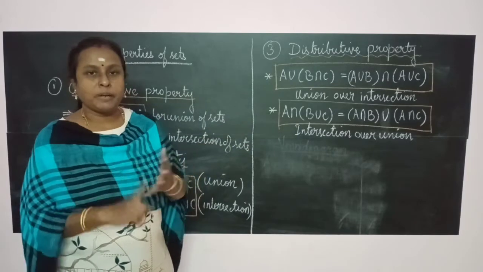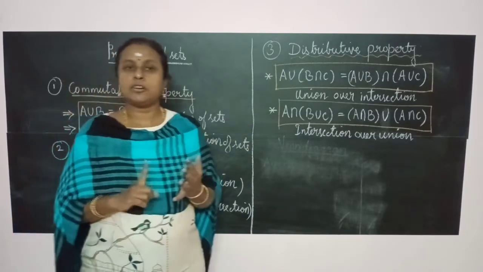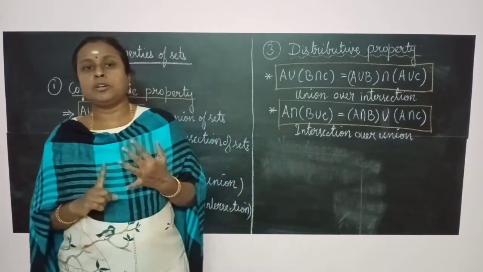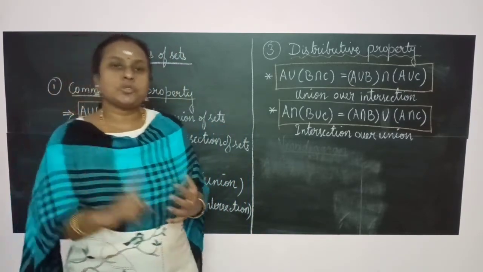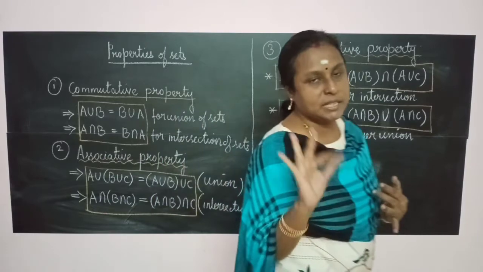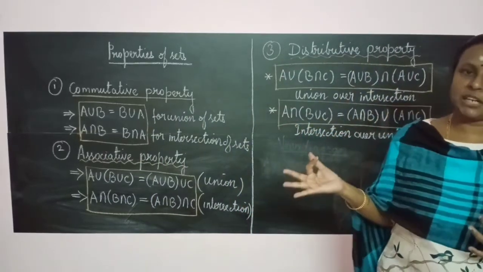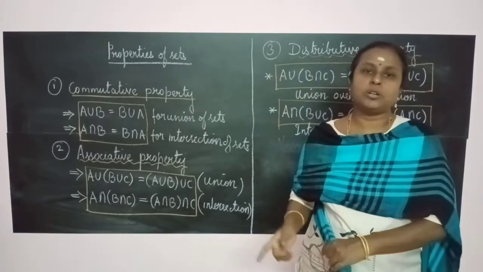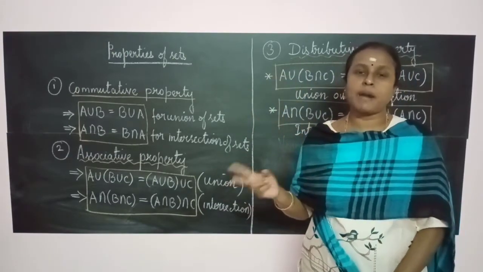You remember commutative is A union B is equal to B union A, and A intersection B is equal to B intersection A. Associative property comes for three sets A, B and C, or any three sets. That is A union B union C, where the place of the bracket alone changes.